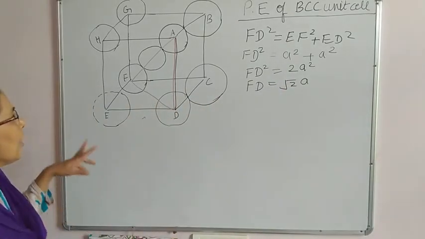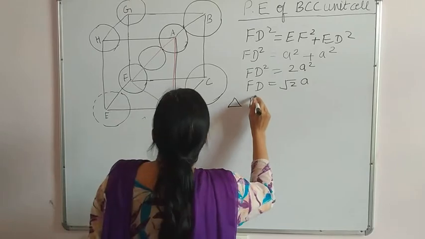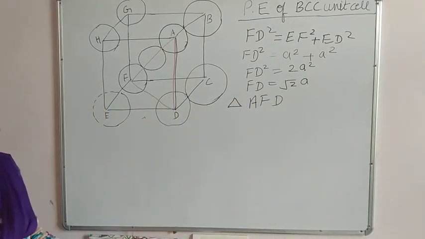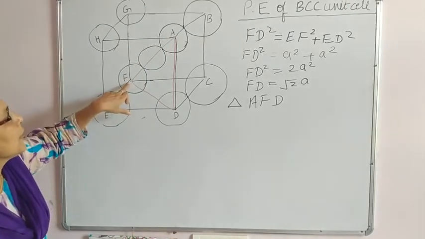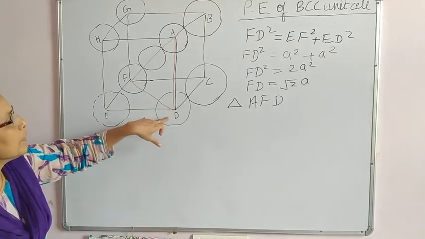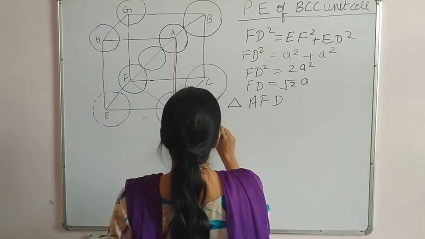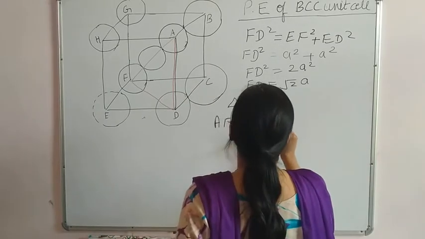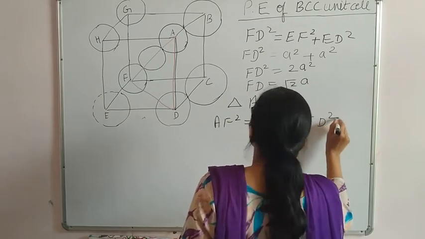Now take the triangle AFD. In triangle AFD, AF is the diagonal and it makes a 90-degree angle with DF. So AF square is equal to AD square plus FD square.